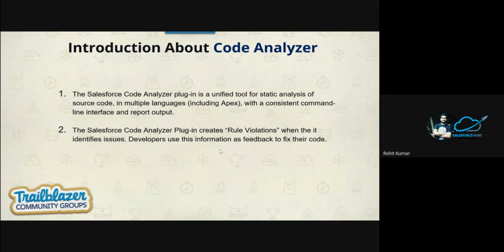If you have some issue with Code Analyzer, you can open the GitHub open source repository and put your comments and suggestions, so the functionality can be improved based on your feedback. I will show you each and every term of how to do that, so don't worry.